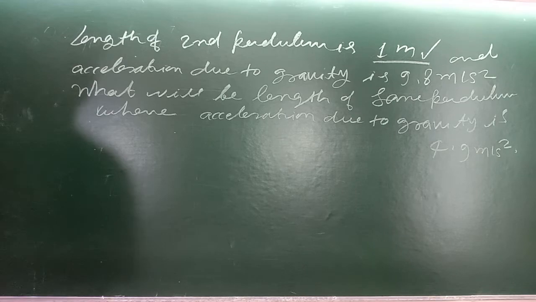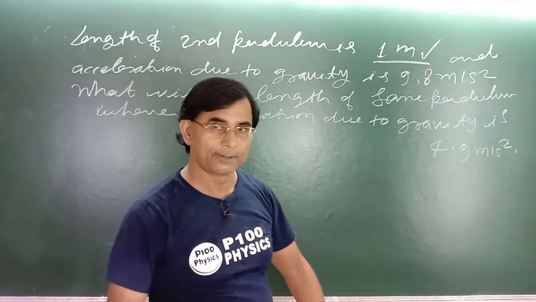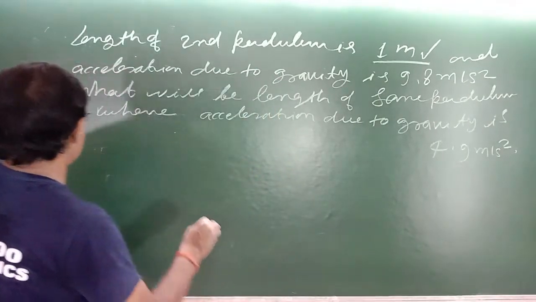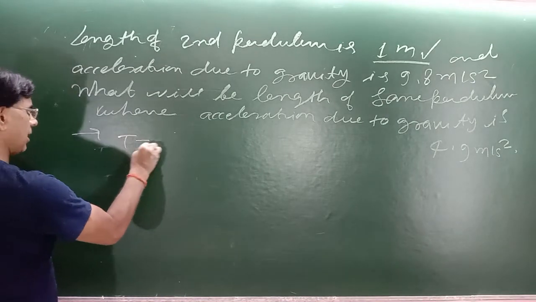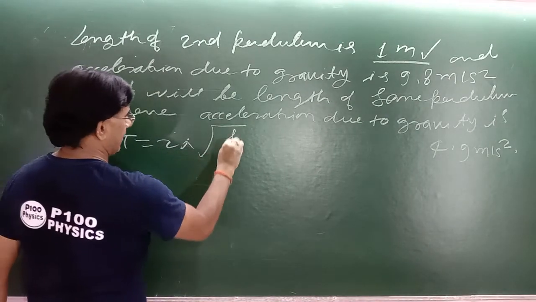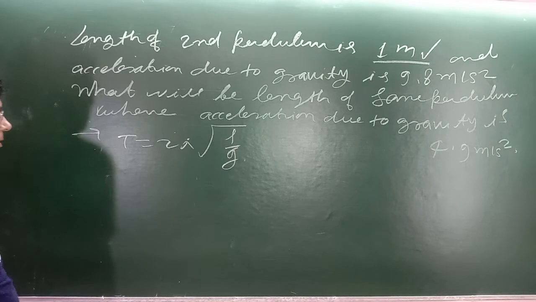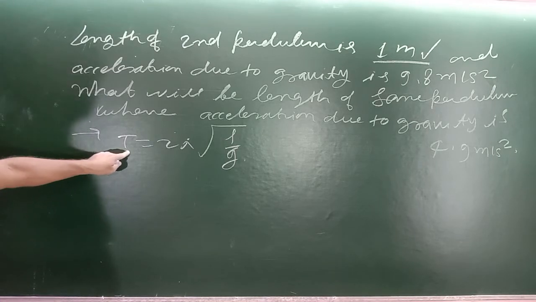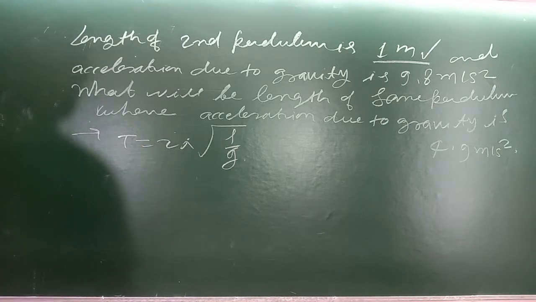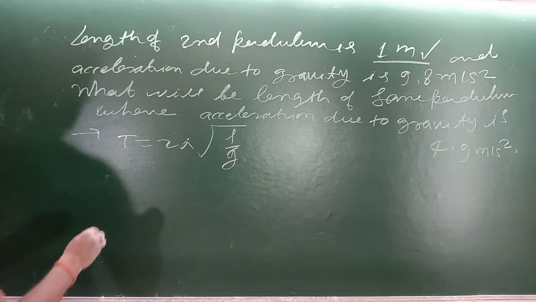Now check your answer. Since you know that T equals 2π under root L by g, this is the simple formula. When T becomes 2 seconds, it is called a second's pendulum.